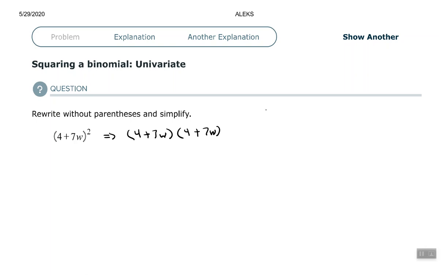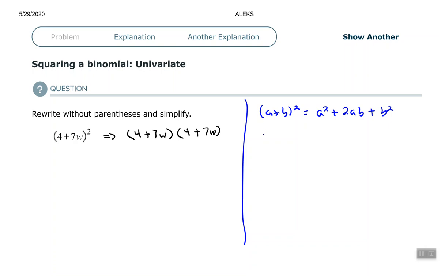But the shortcut for a binomial squared says if we have a binomial squared, then the pattern or the formula for that is the first term squared plus 2 times AB, 2 times the terms, plus the last number squared or variable squared.